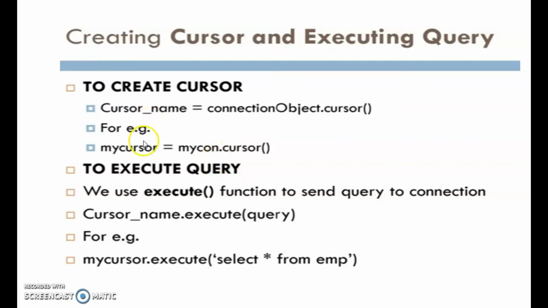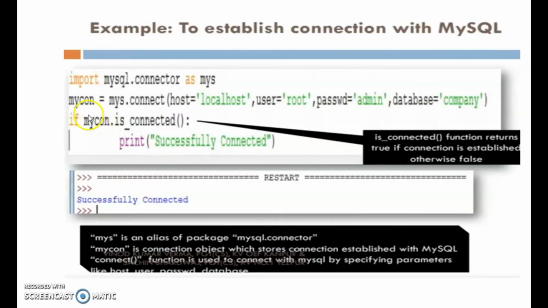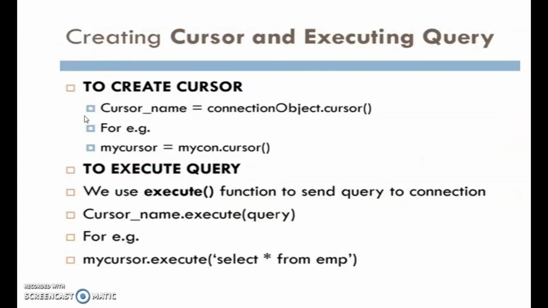In this example you can see mycon is equal to mys.connector, so mycon is a connection object. Then my cursor is equal to mycon.cursor, so here my cursor is a cursor object.